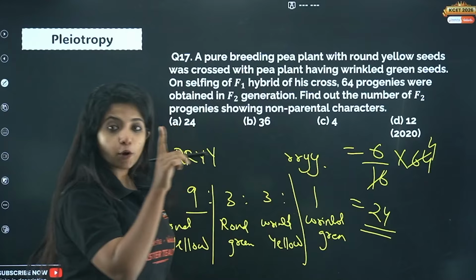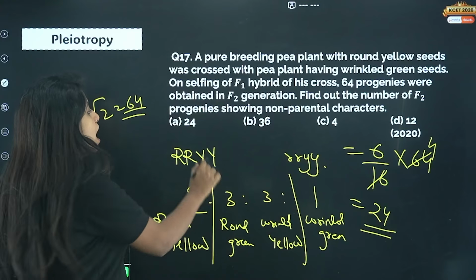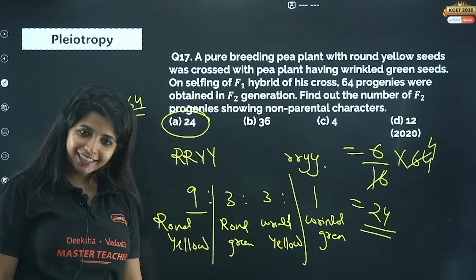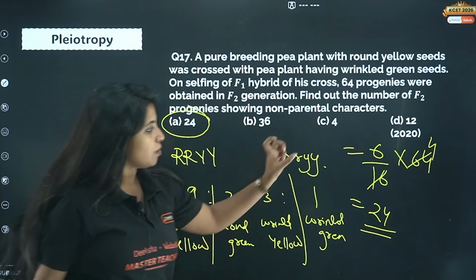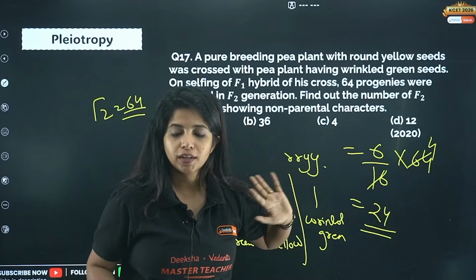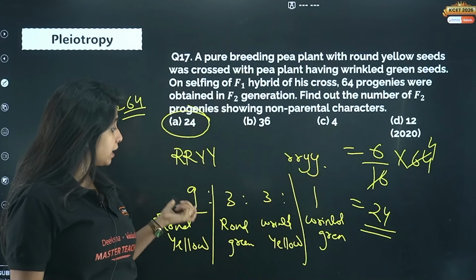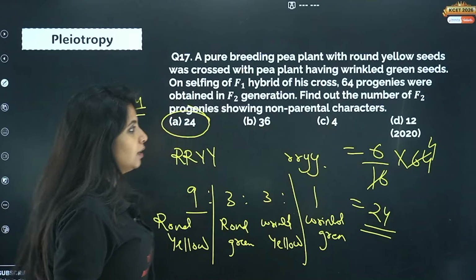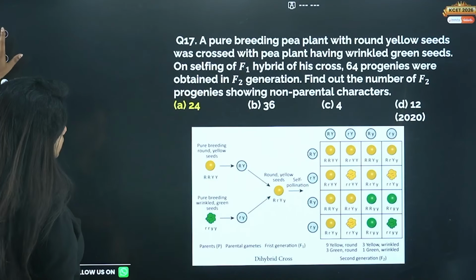So out of 64 progenies, 24 of them are going to show the non-parental character. Got it? Easy. So out of 16, 6 into 64. That's all. If you're asked about parental character, then 9 plus 1, 10. 10 by 16 into 64. Got it? Yes.